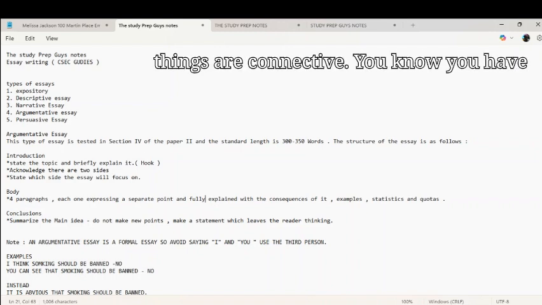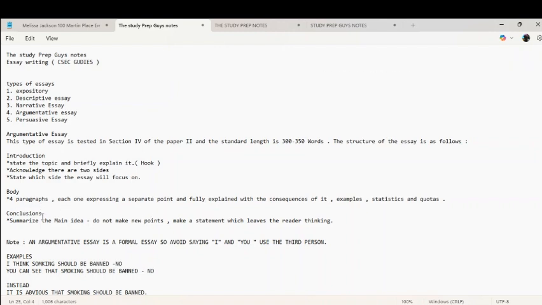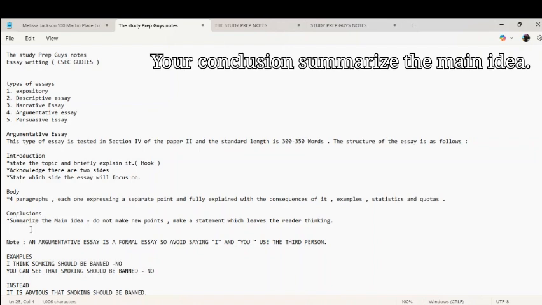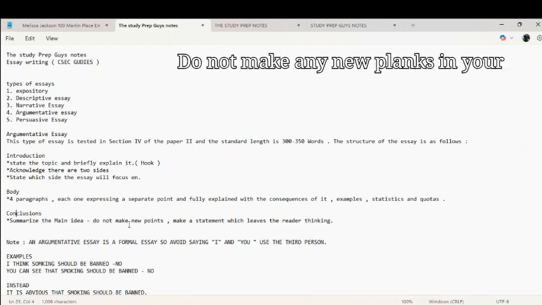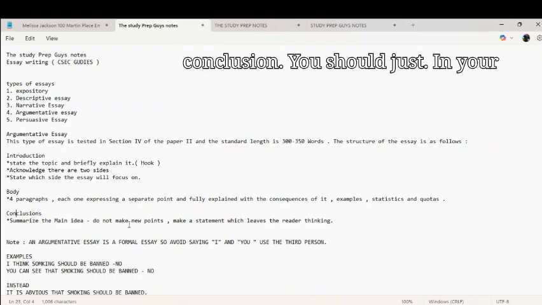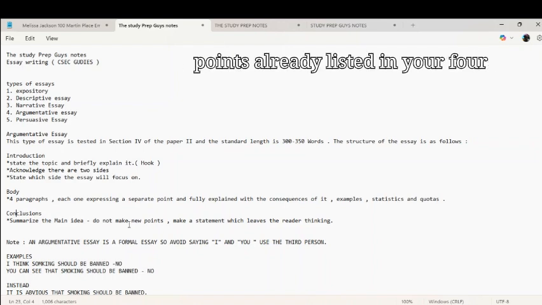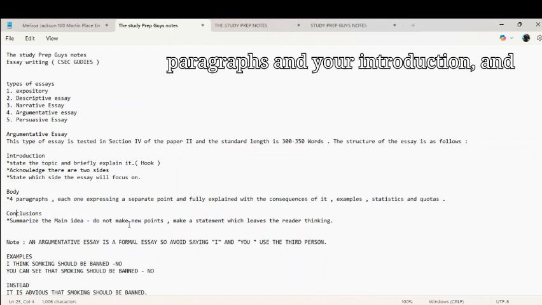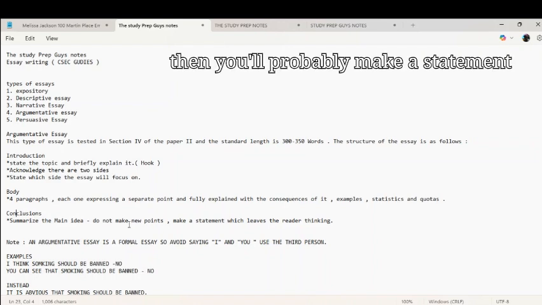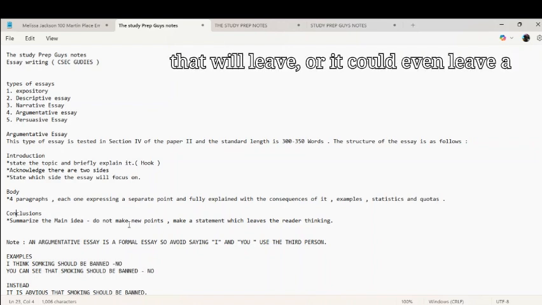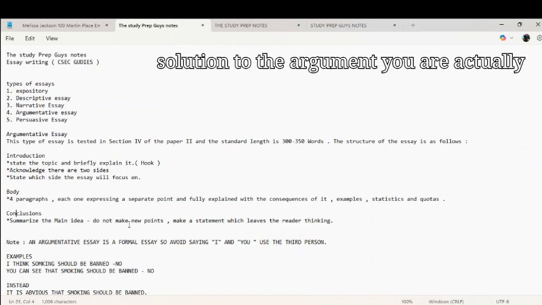All of these things are connectives. You have your conclusion. Your conclusion summarizes the main idea. Do not make any new points. In your conclusion, you just regurgitate the points already listed in your 4 paragraphs and your introduction, and then you could leave a statement, or even a solution to the argument you are positing about.